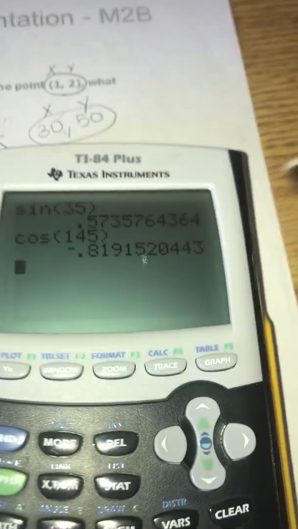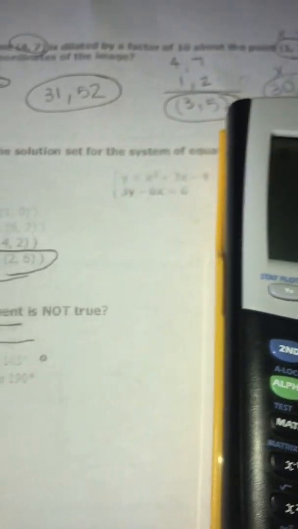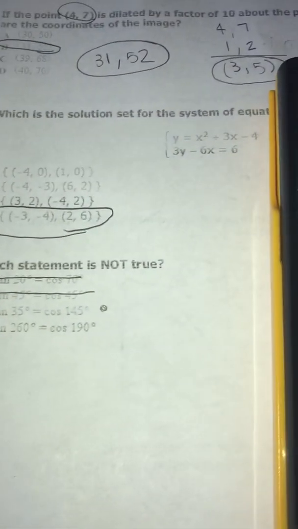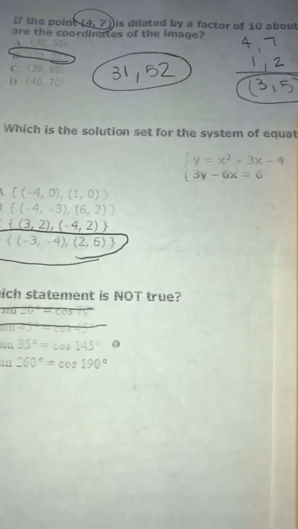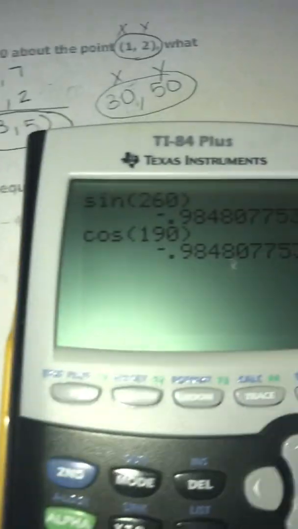We see that those two are different, so C could be a possibility. We just have to check D first. For D we have sine of 260 equals cosine of 190, and those two are equal, so that leaves us with our answer C.